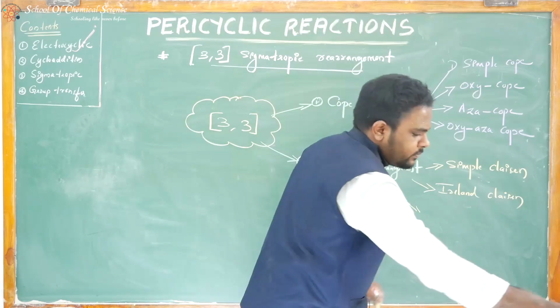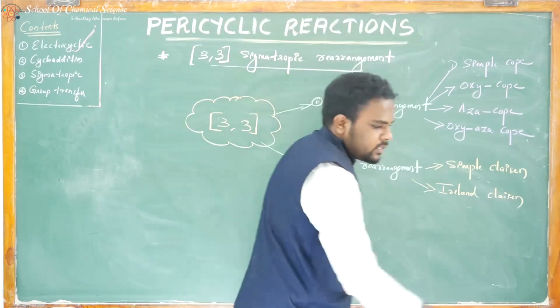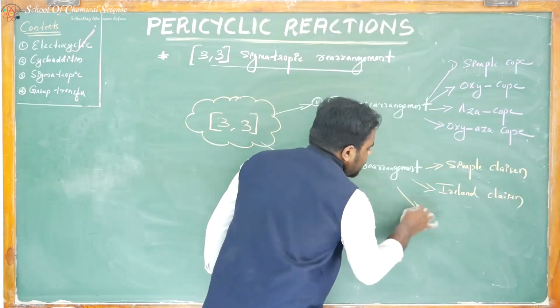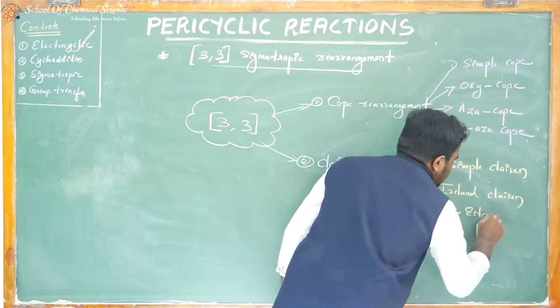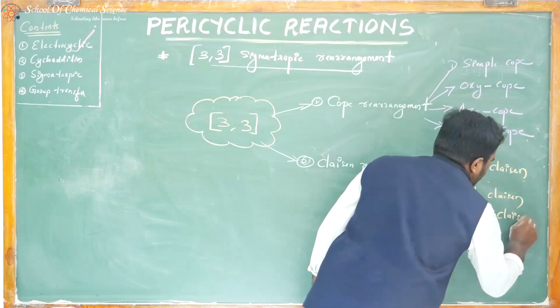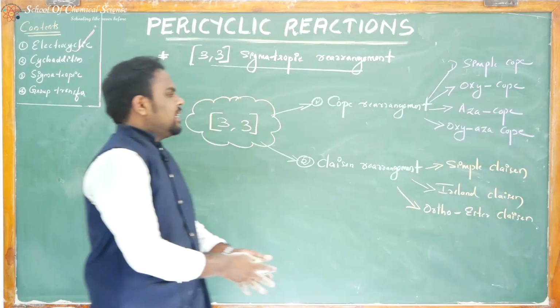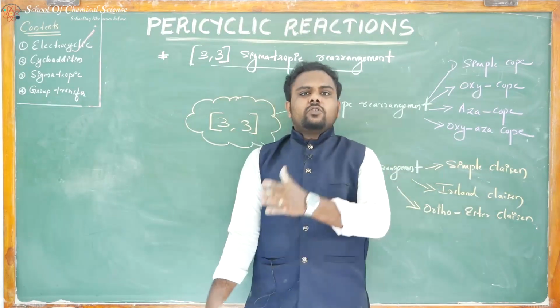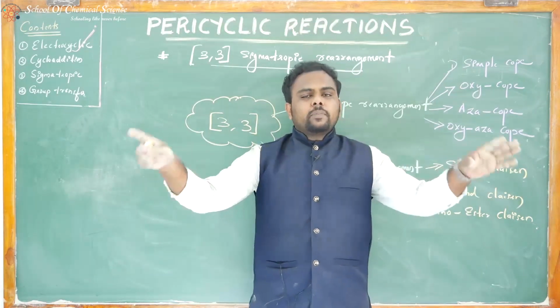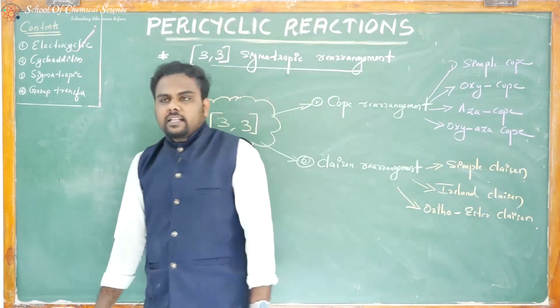Third one, ortho-ester-Claisen rearrangement. So 4 plus 3, 7 reactions that we have to discuss. After that, a major portion of sigmatropic rearrangement we can complete.